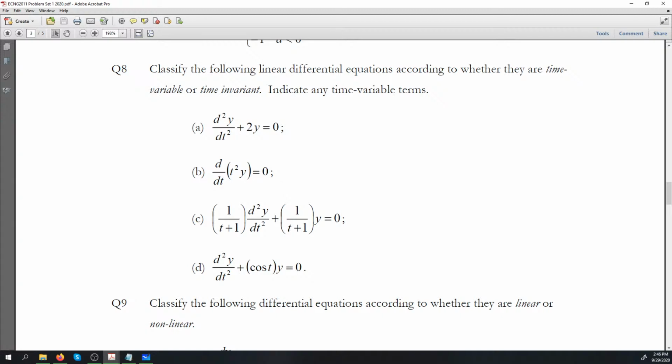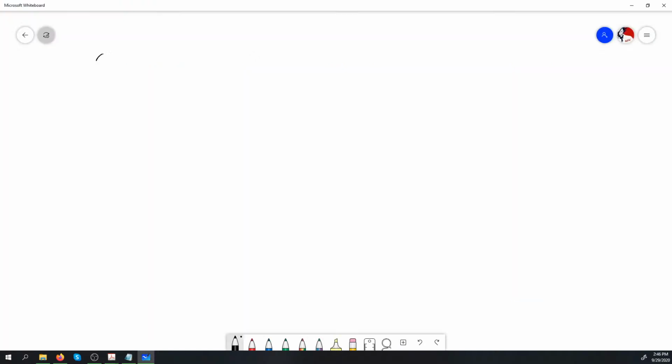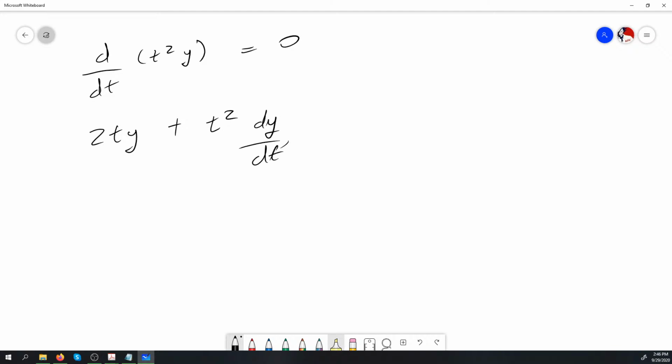Right, so part B is d dt of t squared y, and this is equal to 0. But when you do the differential, this being a product differentiation, this resolves into 2t of y plus t squared dy dt equals 0.